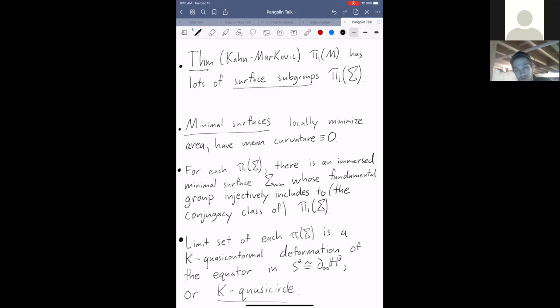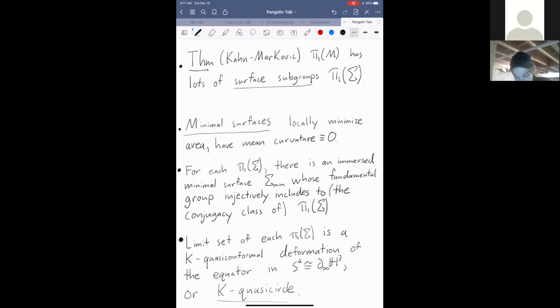Here we say conjugacy class because we don't want to think about base points. Basically, the conjugacy class of each surface subgroup will correspond to a homotopy class of immersions of the surface inside M.